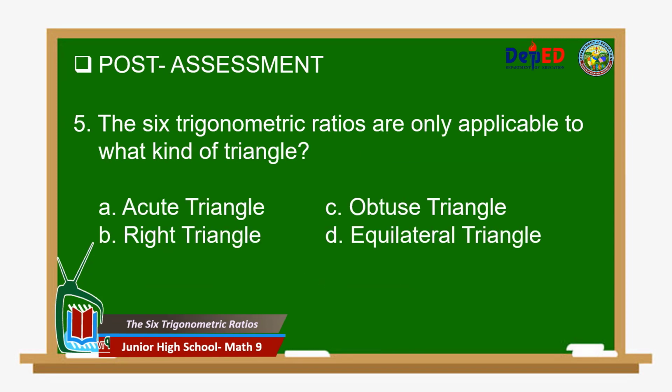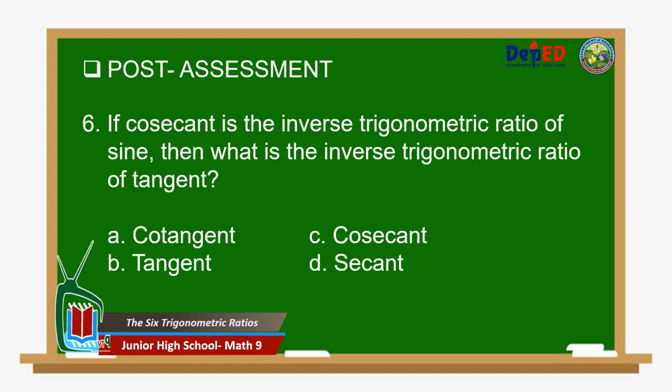The six trigonometric ratios are only applicable to what kind of triangle? A. Acute triangle. B. Right triangle. C. Obtuse triangle. And D. Equilateral triangle. Number 6. If cosecant is the inverse trigonometric ratio of sine, then what is the inverse trigonometric ratio of tangent? A. Cotangent.